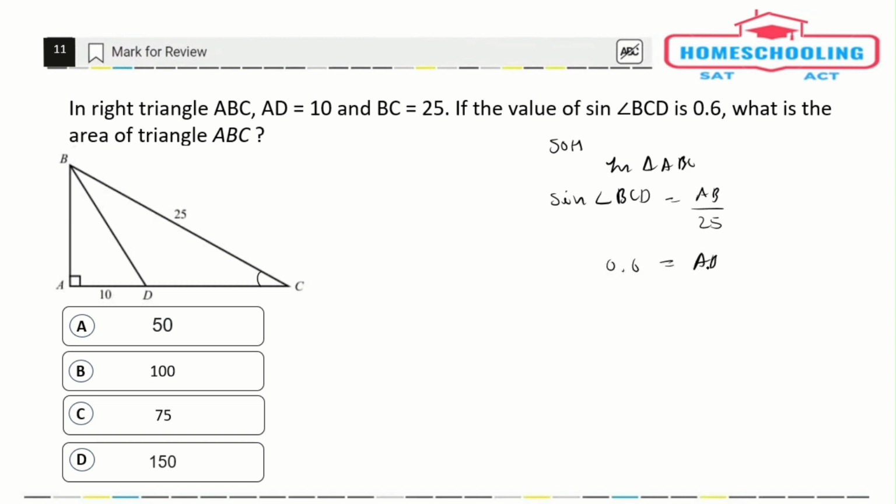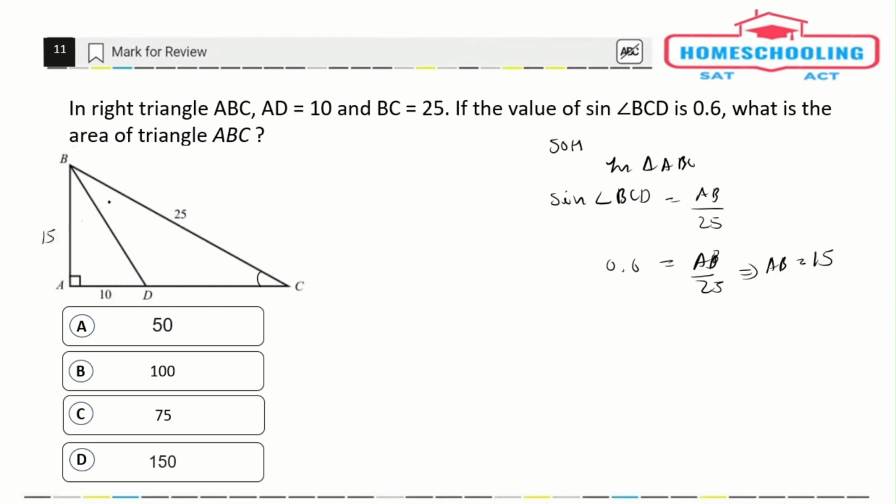So AB by 25, so we can say that AB is equal to 25 into 0.6. Let me calculate on the calculator. This is going to be 15. AB is 15.